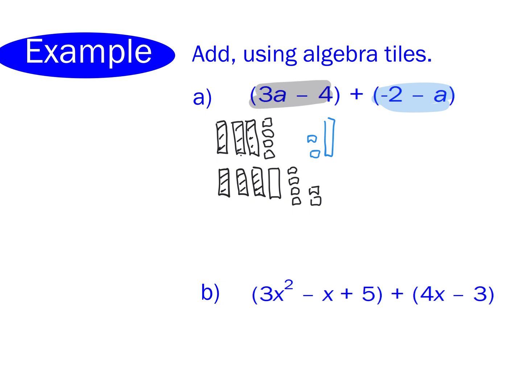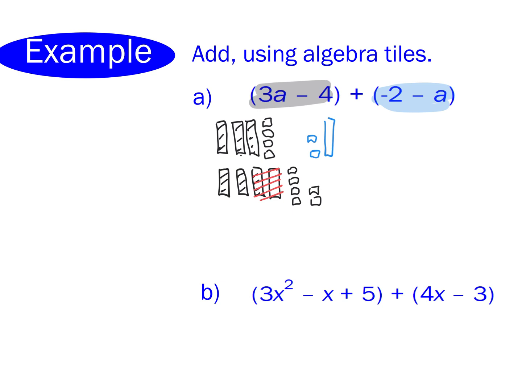Yes. So for every shaded and unshaded, we can make a 0 pair. How many 0 pairs can we make there? We can make 1 0 pair. So that means we can cross out 1 of each.